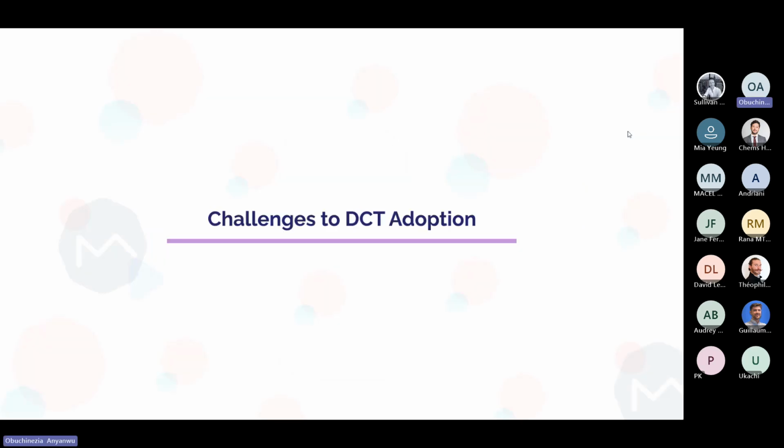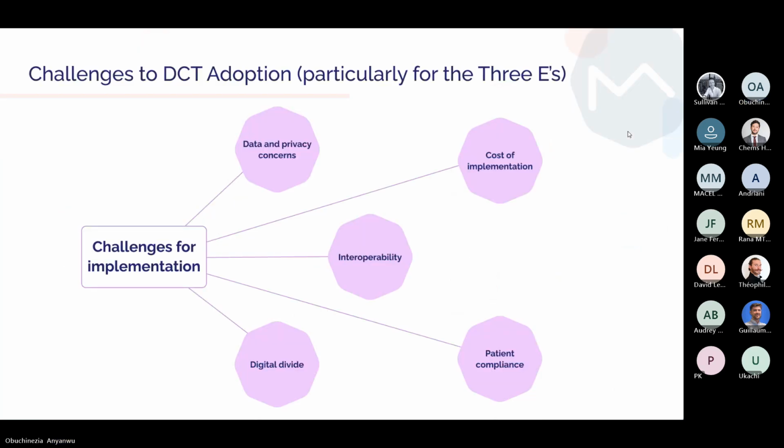So just quickly, we'll go through the challenges to decentralized clinical trial adoption. As much as there are plenty of benefits to implementing DCT platforms, there are some barriers which still affect the extent to which they are used. So firstly, we have data and privacy concerns.